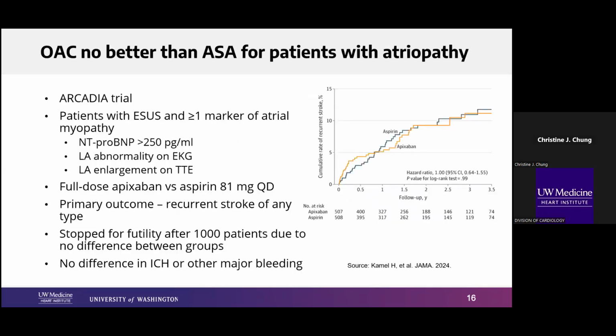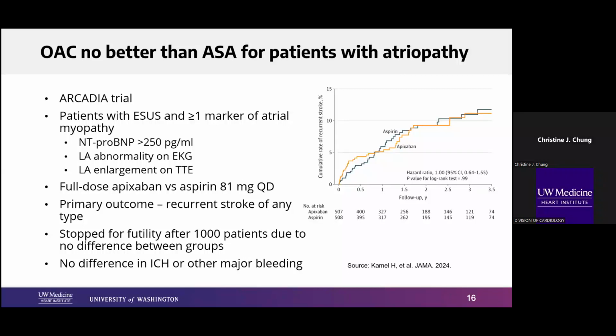The ARCADIA study was seeking to take this very broad heterogeneous group of patients with ESUS, try to select out the patients that were more likely to have an underlying atrial cardiomyopathy, and therefore the hypothesis being that they were more likely to develop cardioembolic strokes that would be effectively treated with oral anticoagulation.